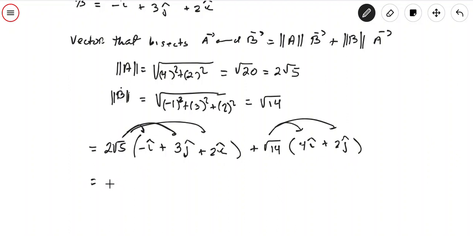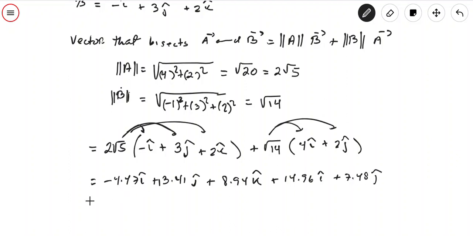It will be negative 4.47i plus 13.41j plus 8.94k, plus multiplying square root of 14 times 4i will be 14.96i, and square root of 14 times 2j will be 7.48j.